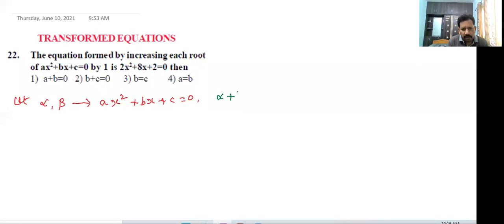That means alpha plus 1, beta plus 1 are roots of the equation 2x square plus 8x plus 2 is equal to 0. This is the transformed equation whose roots are increased by 1. Now the relation we need, the a, b, c relation.